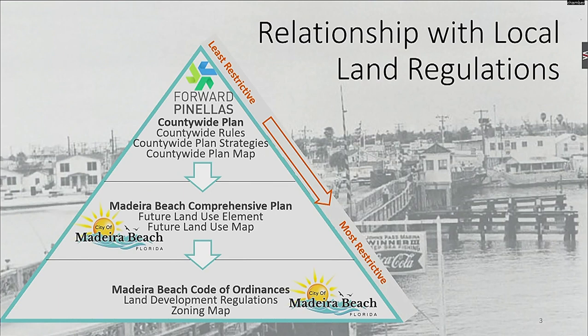Within the land development regulations, that's where we have our zoning districts. In zoning, you see setbacks, your heights, and things of that nature. And then we also have a corresponding zoning map. So we're focusing more on the code of ordinances, with the land development regulations and the zoning, today.